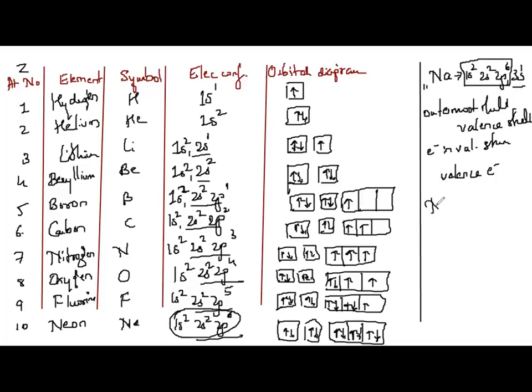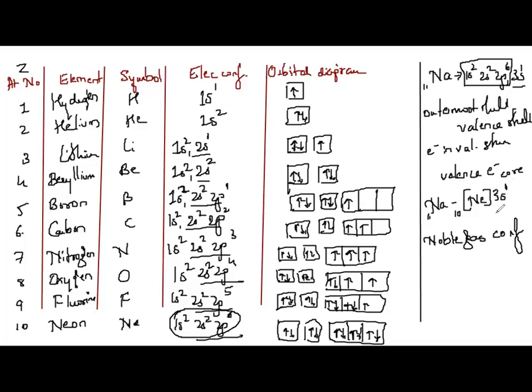So I can write the electronic configuration of sodium as the inner shell configuration. We call it the core configuration. That core configuration is regarding what? It is the noble gas. So I will call it the noble gas core or configuration. So how do I represent it? I will write the previous noble gas, whose atomic number is 10, plus the outermost shell.